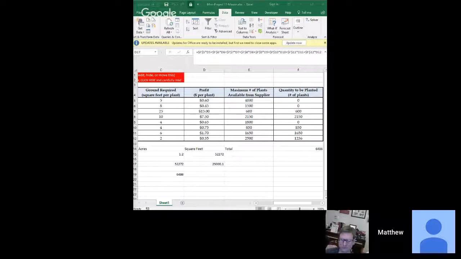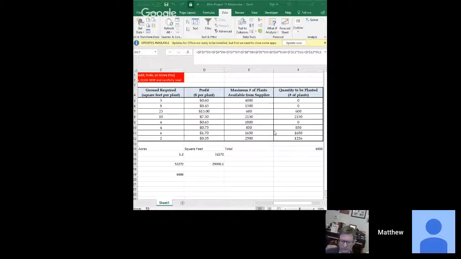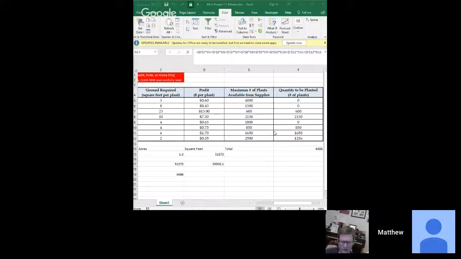Right, and I think I'm on the same page with that. I understood it to be like, how much do we grow of what to make the most money? Right. So I've set it up to make the maximum profit, but then what the dashboard indicates is how much of each item he needs to buy in order to plant, to make that profit.